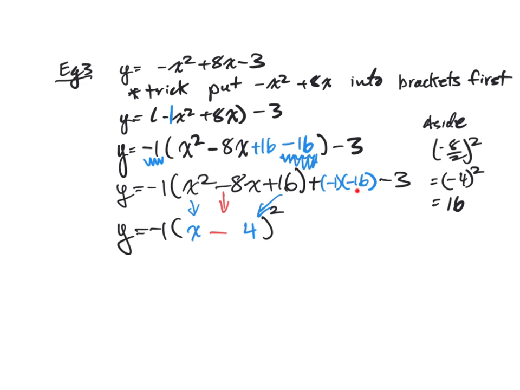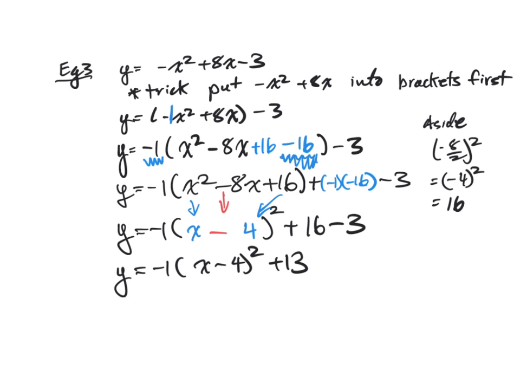A plus and two minuses gives us a plus. And then 1 times 16 is 16, so it's plus 16 minus 3. And now we can simplify finally to y is equal to negative 1, x minus 4 squared, and then plus 13 as our final answer in vertex form once we've completed the square.